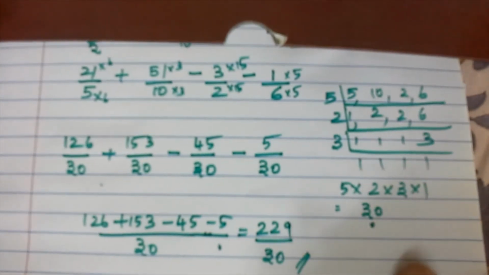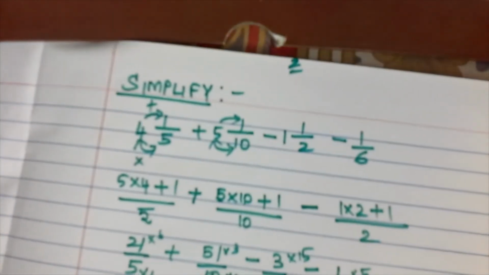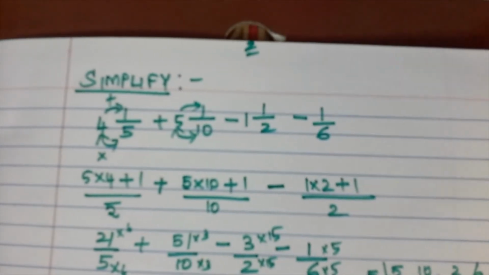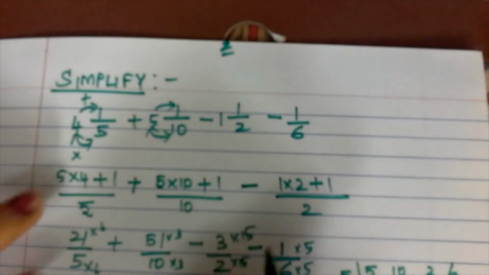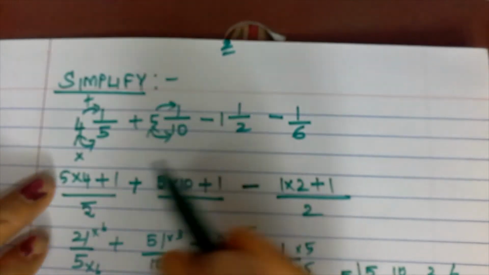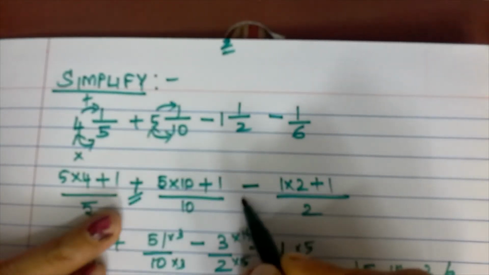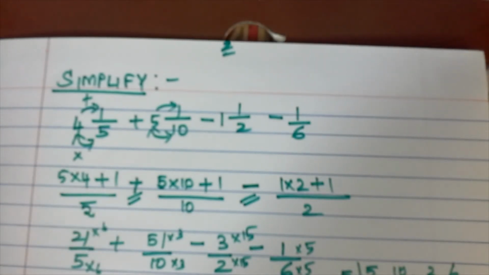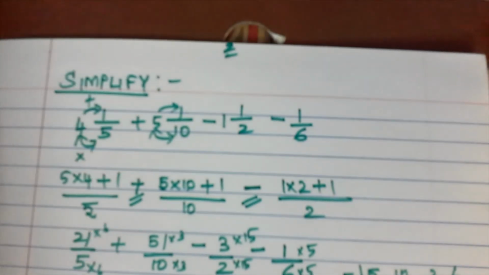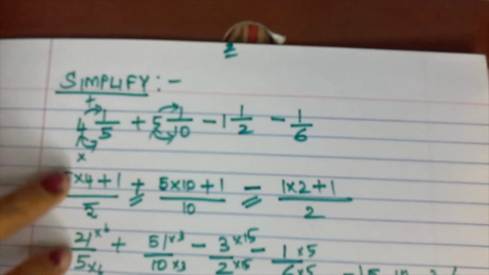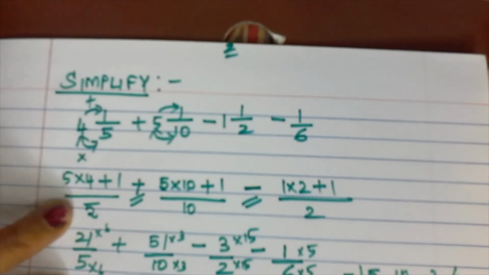A tip I would like to give beginners who have started doing fractions: when you have a slightly bigger sum, first write the sum very clearly and write the signs properly. First convert the mixed fractions into improper fractions, and then solve the sum.